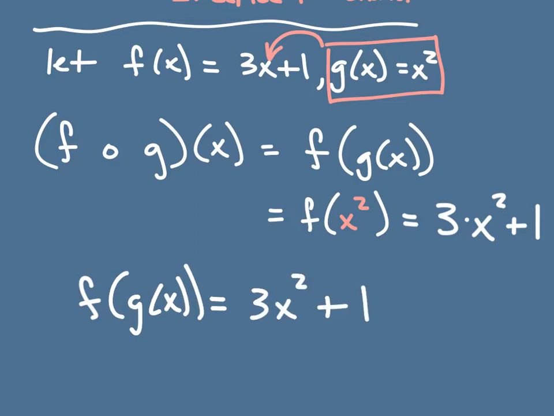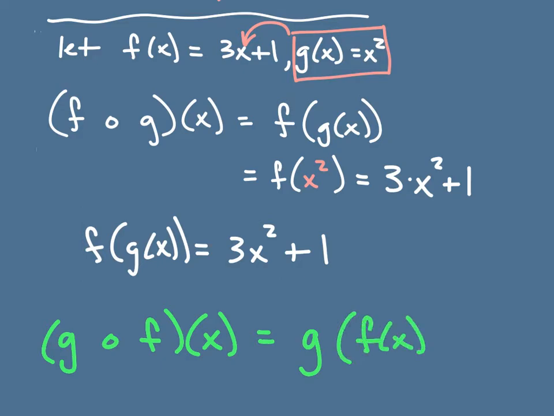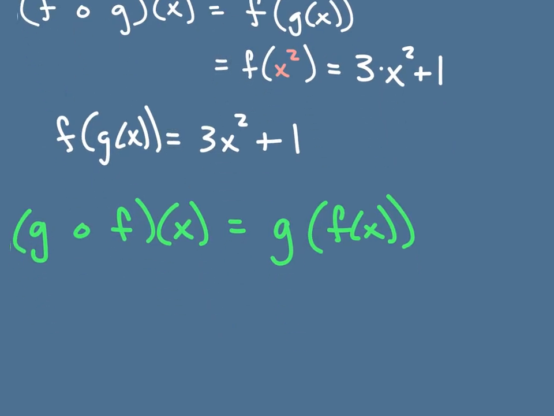And that itself is a new function. Now, on the contrary, let's find, say, g of f of x. And what this means is that we're plugging our function f into our function g. So really what we have here is we're doing g of 3x plus 1.